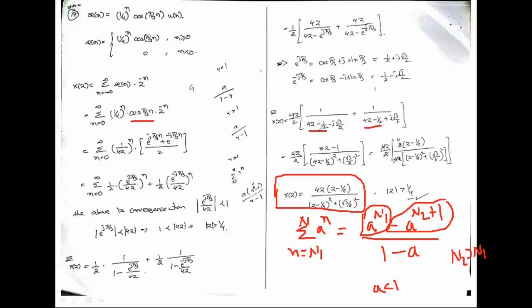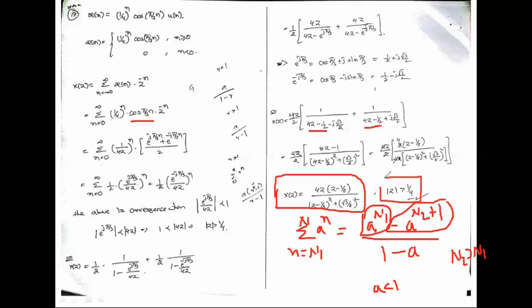In the denominator, we use (a minus b)(a plus b), because both functions have the minus and plus. Take that as z minus 1 by 2, whole square, plus root 3 by 2 whole square. Got it, my students? And the numerator you can simplify.